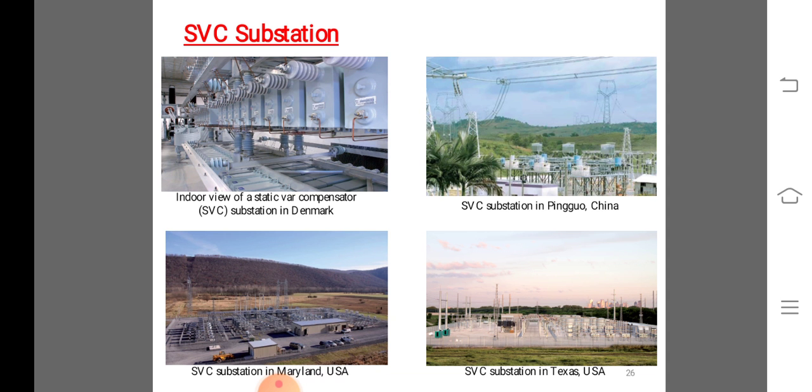The relation between the inductive current and the applied voltage is represented across the figure. So the inductance is varied. The susceptance varies over a range within the limits BL minimum and BL maximum, corresponding to XL maximum and XL minimum, while the voltage changes by delta V volts.